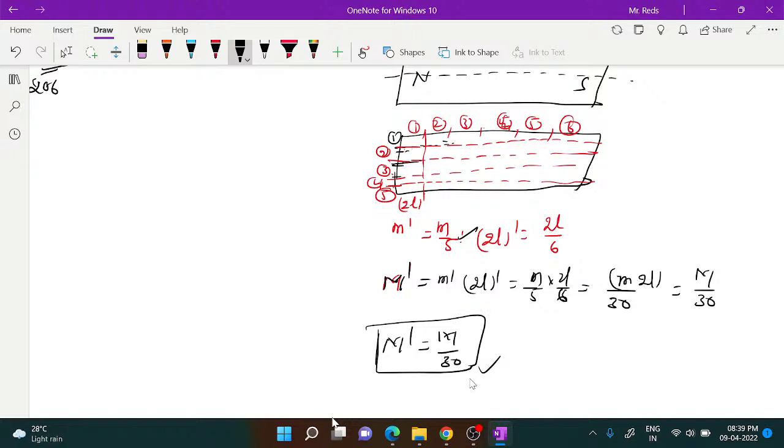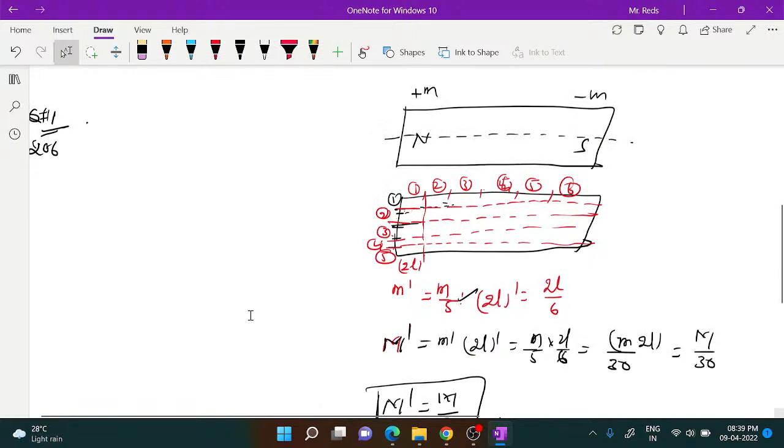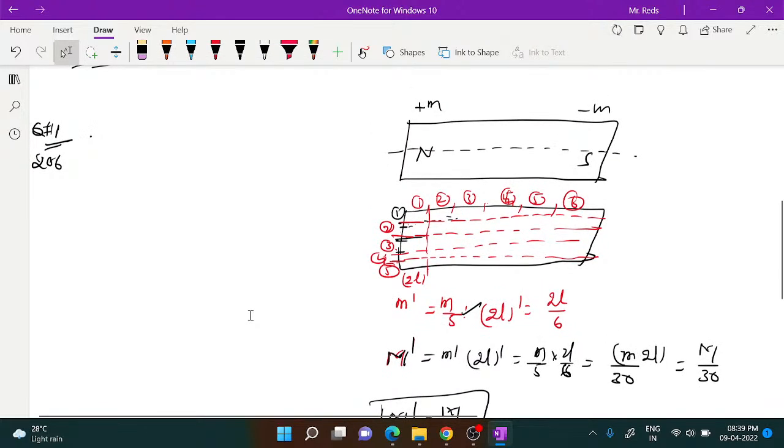Otherwise, in the third option, the second part has to be changed. Instead of 4 times, if you consider 4 pieces and 5 pieces, 4 pieces parallel to the axis and 5 pieces perpendicular to the length, then it becomes like this.